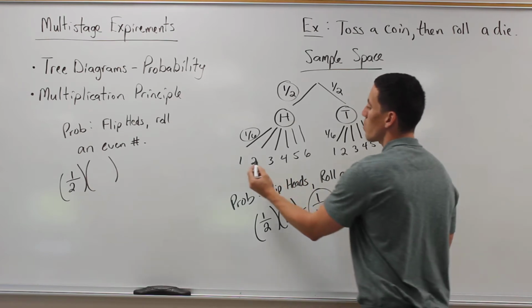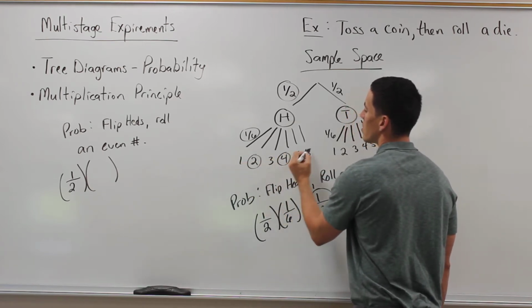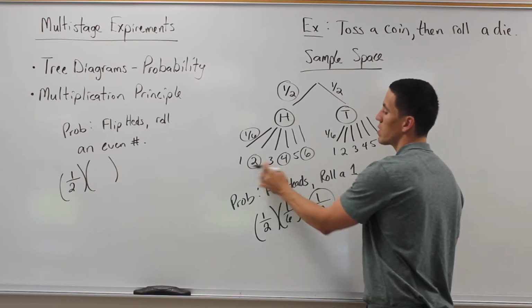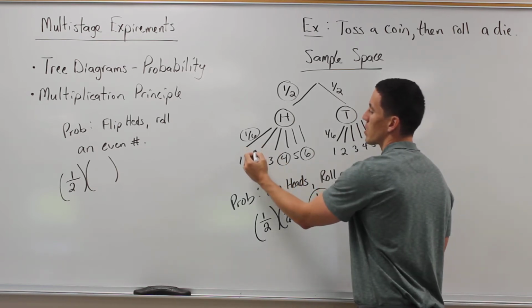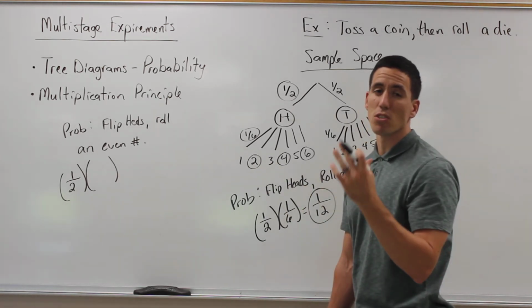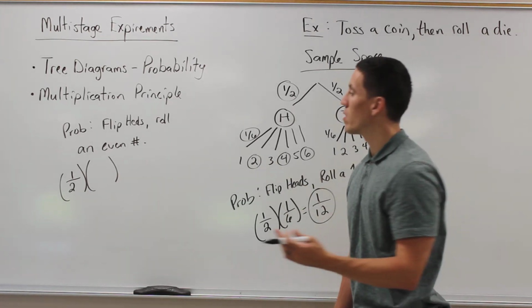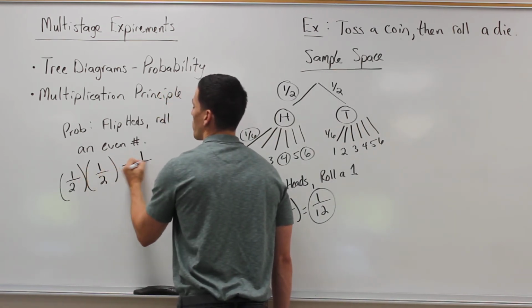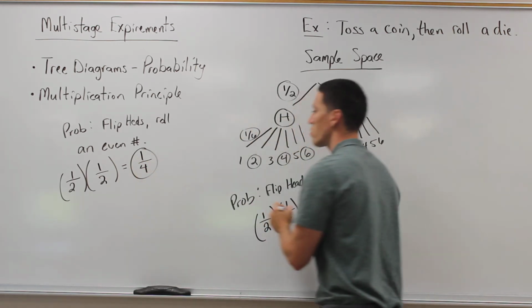The probability that we will roll an even number is the sum, not the multiplication, not the product, but the sum of these probabilities. So the probability that we will roll an even number is actually 3/6 or 1/2. So in this case, the probability would be 1/4 that this occurs.